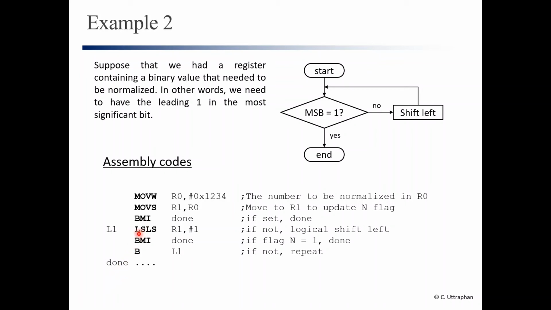If it is not 1, then we need to do the logical shift left here. Observe that we use LSLS, where this logical shift will update the condition flags. Again, we check here whether N equals 1, or MSB is 1 or not. If not, we need to go back, and shift again. If yes, the process is done here.